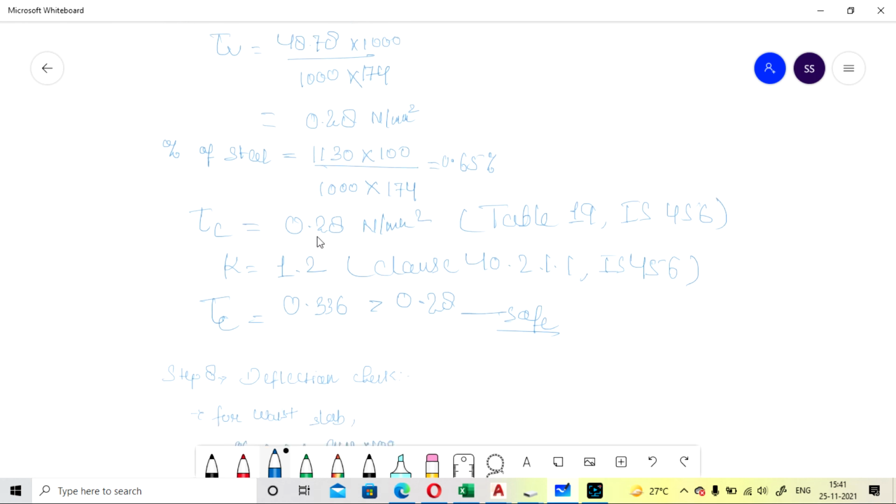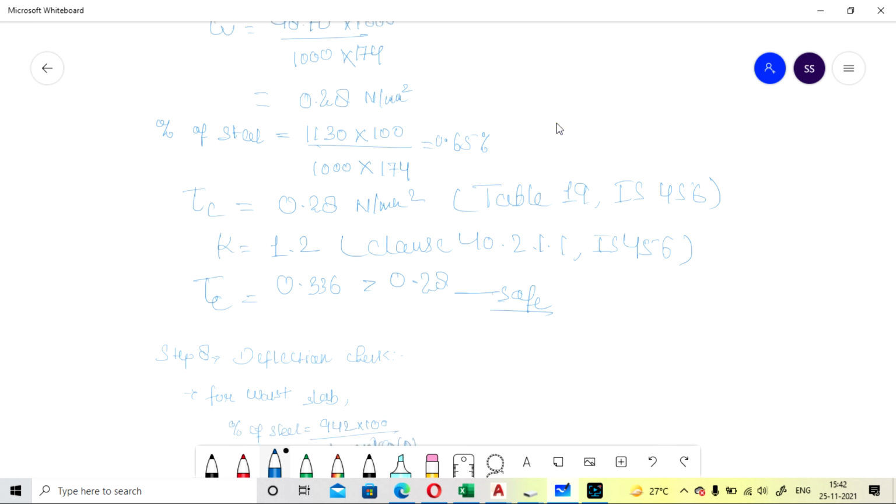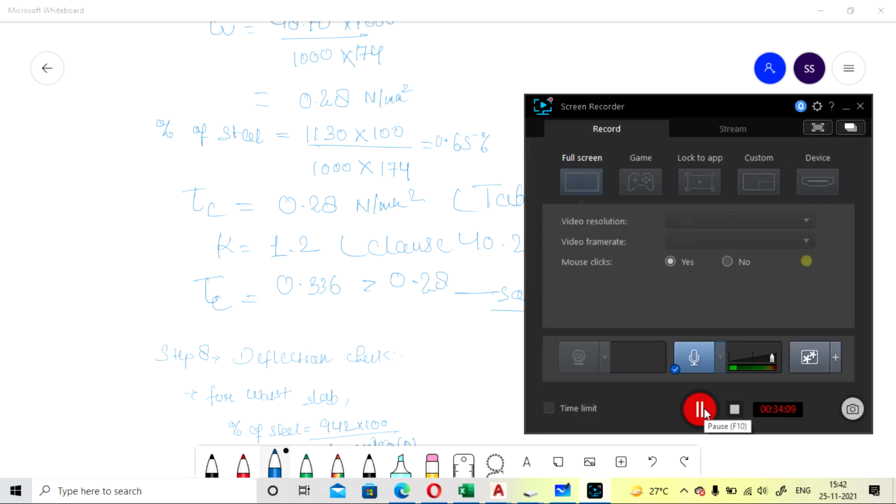Now tau c is equal to 0.28 for this grade and for this percentage. So you can check Table 19 of IS 456. I will show you also so you can easily understand.